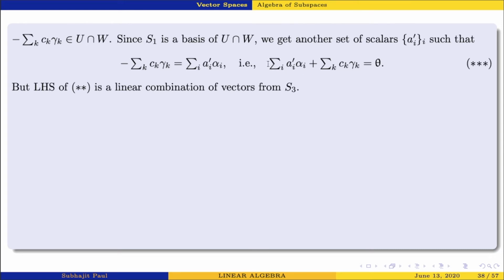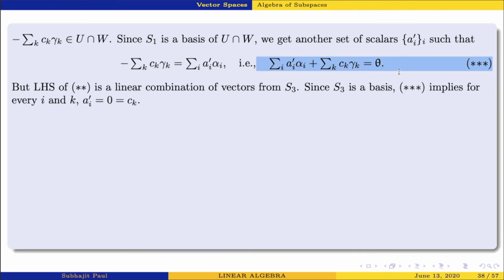You see, these alpha vectors and gamma vectors are a basis for W. Now since S3 is a basis, this triple star implies that the relation is satisfied only when all the scalars are necessarily 0. So for every i and k, ai dashed is 0, and so are the ck's. All these scalars must be necessarily 0.